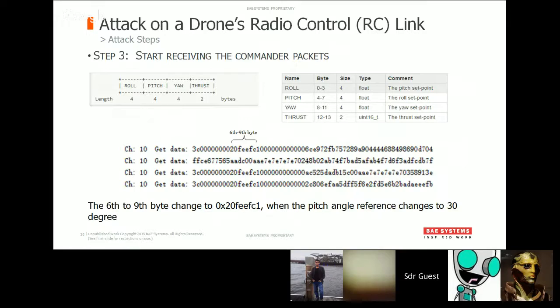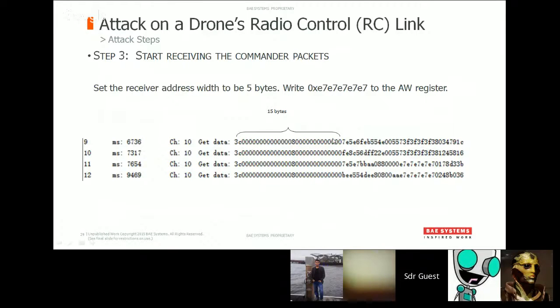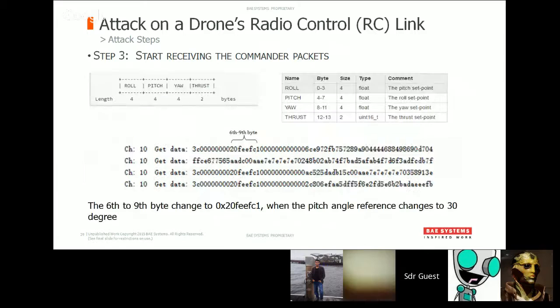And so these 4 reference signals add up to be 14 bytes. And here we received a 15-byte payload. And the first byte 3C is just indicating this data package is a commander reference command, and the rest is just the attitude angle reference.